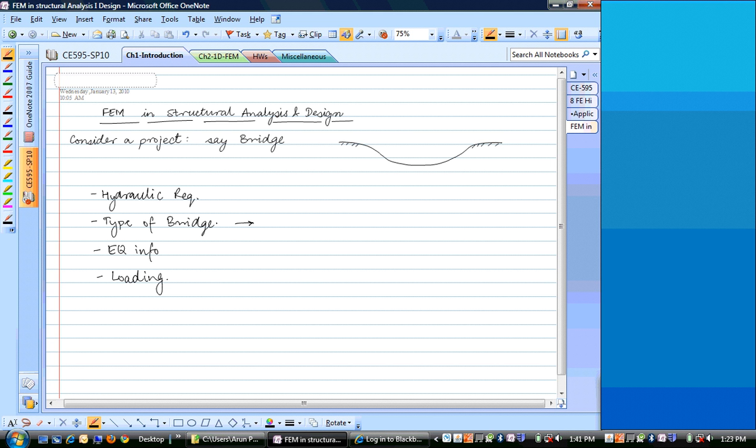So what types of bridges do we usually have? Beam. Okay, that's a beam bridge. So that's a simple slab on beam bridge. Any other? Suspension bridge.